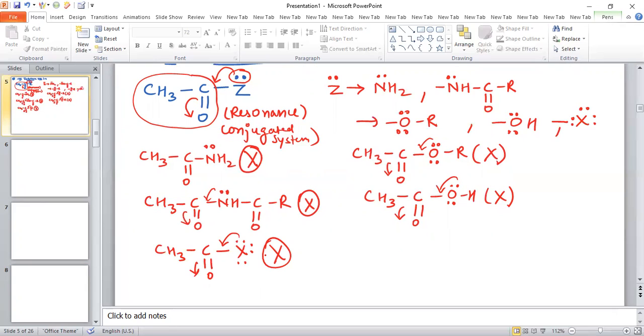Now I am going to discuss which of the following compounds will give a positive iodoform test and which will give a negative iodoform test.